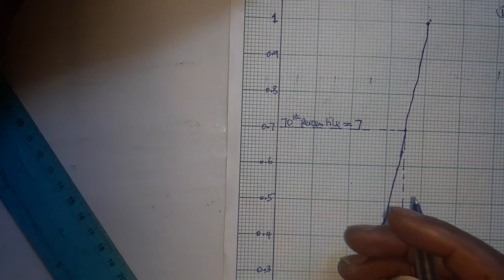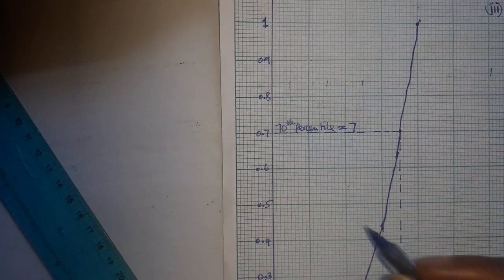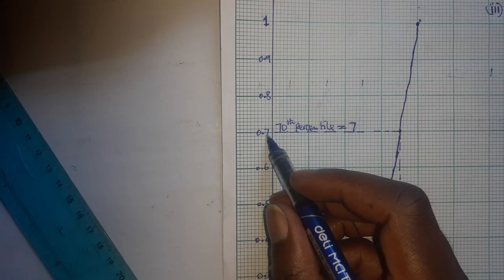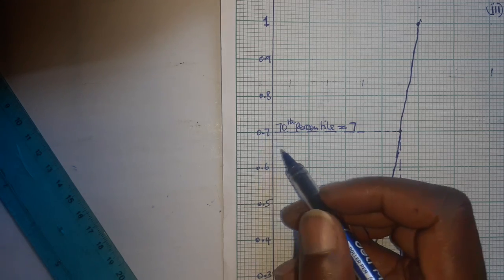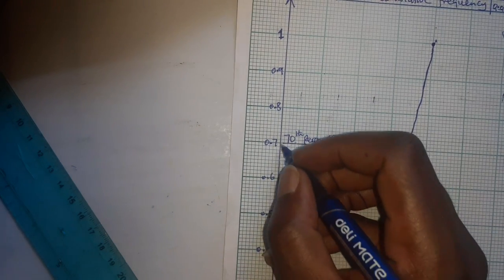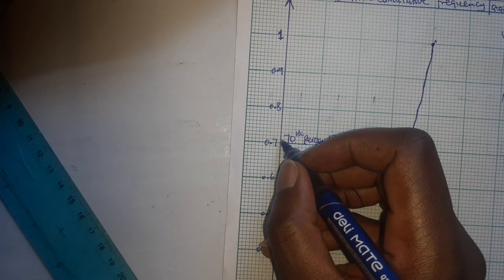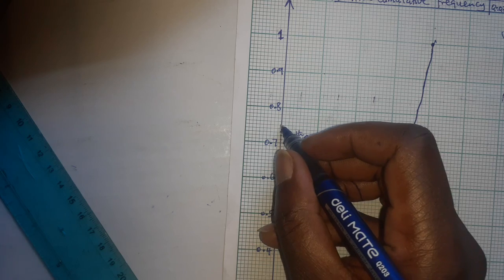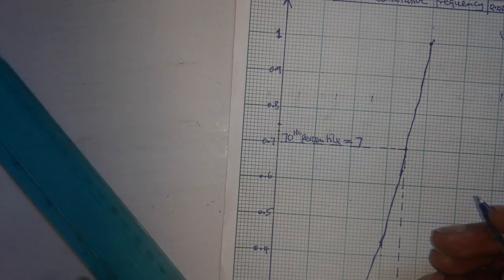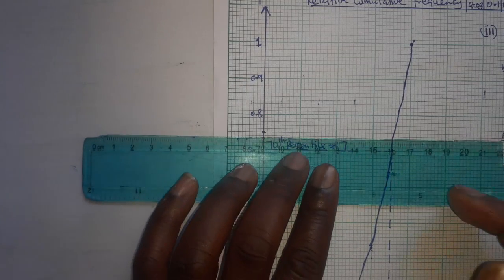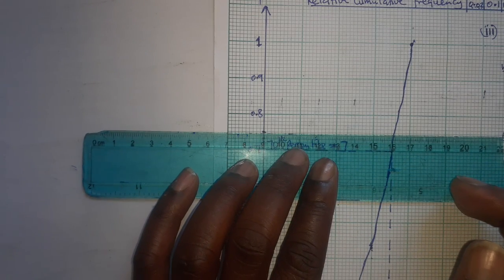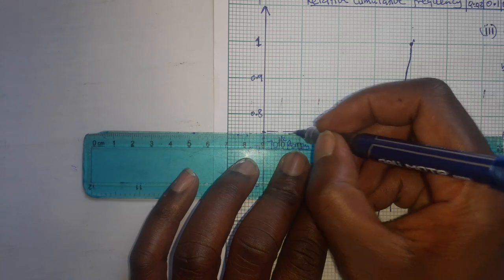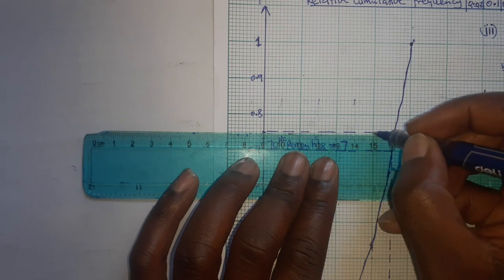So you come here. Are we together? Where do we have 0.75? It is going to be 0.71, 0.72, 0.75 is here. So at this point, we again do the same thing. We draw a dotted line going to the curve. I hope you're getting me.